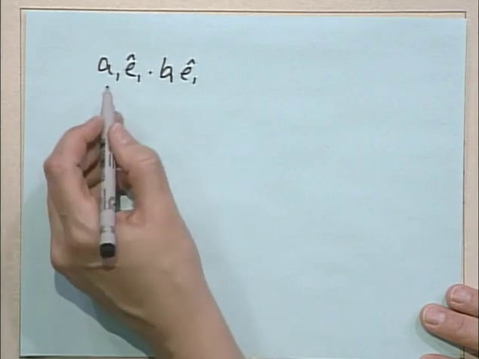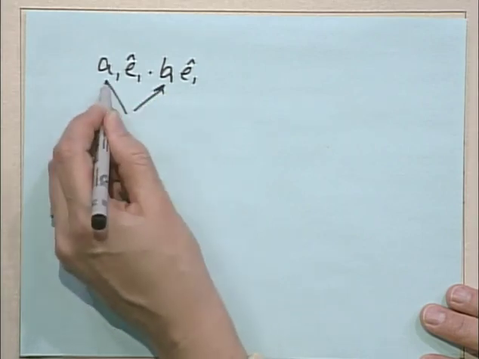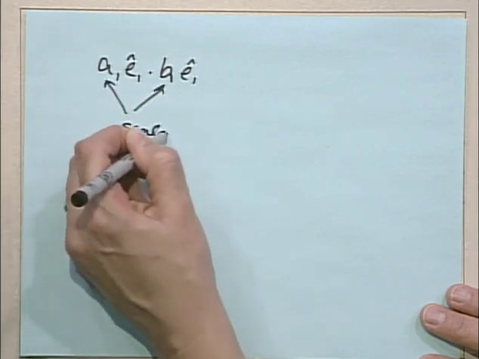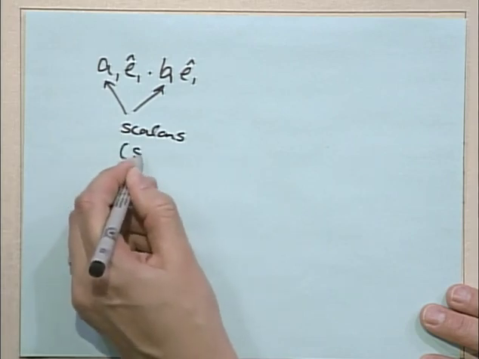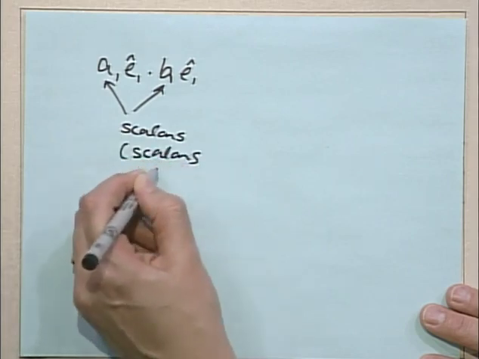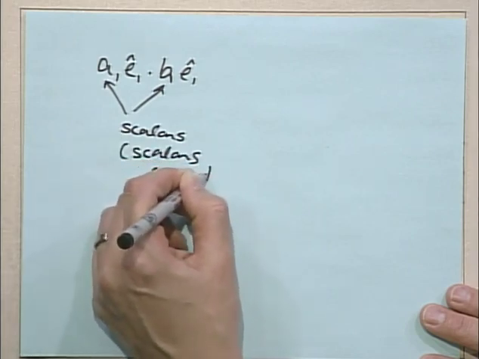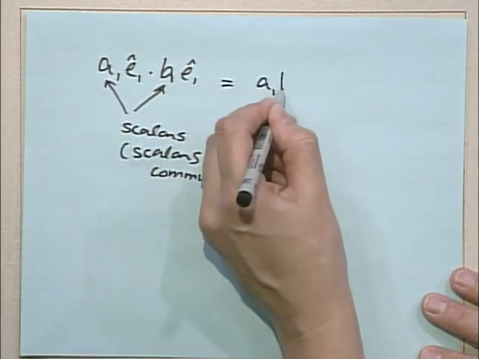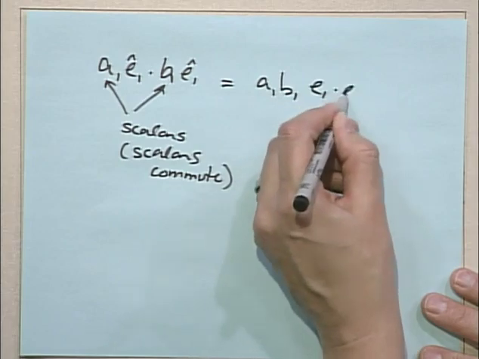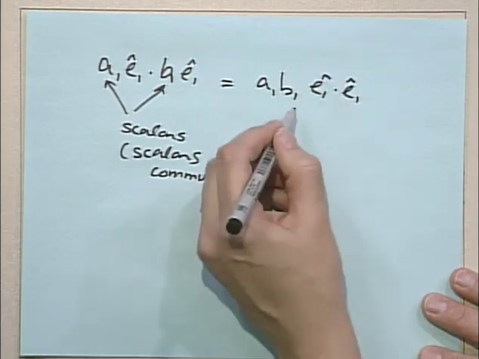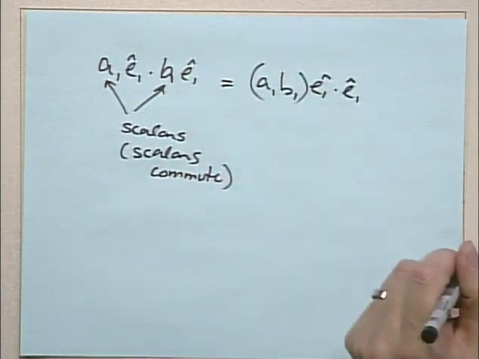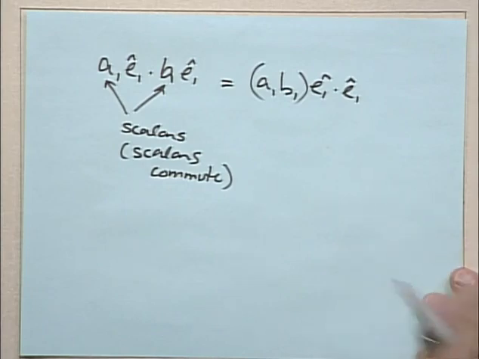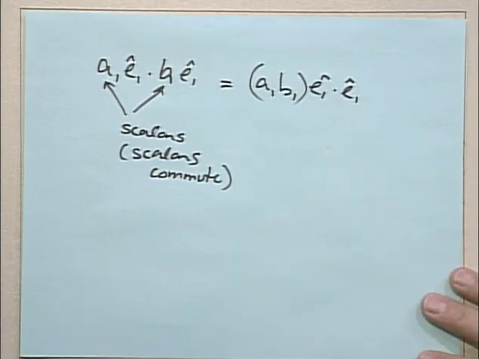Being very formal about it, these are scalars. Scalars commute, which means I can put them anywhere. So that means I can pull them out front. So there they are out front, out of my way, and that's my usual way of performing this kind of calculation, is to move my scalars out of the way.